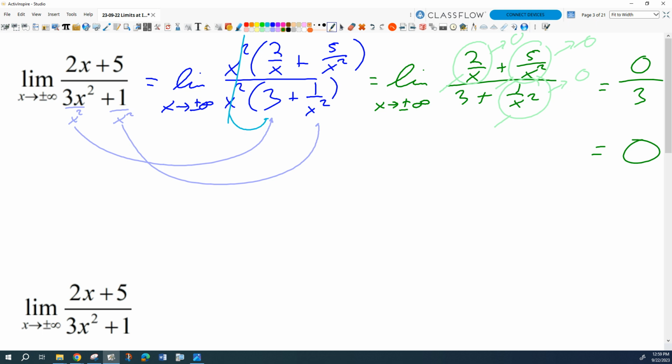Everybody agree? Okay, well, if the limit of this function as x approaches plus or minus infinity is 0, does it have a horizontal asymptote? Now think about what that's asking. The limit of the function is saying what y value the ant is expecting to step on as he approaches an x value of plus or minus infinity.